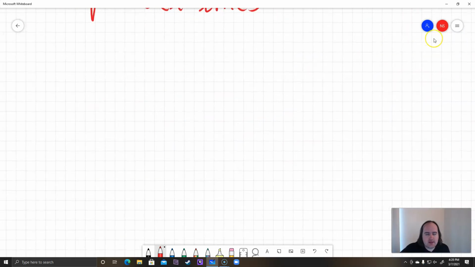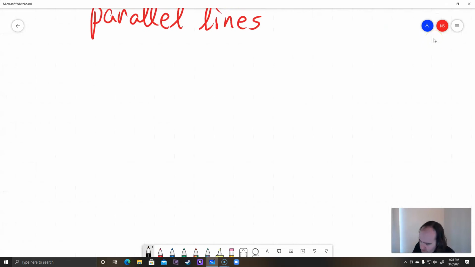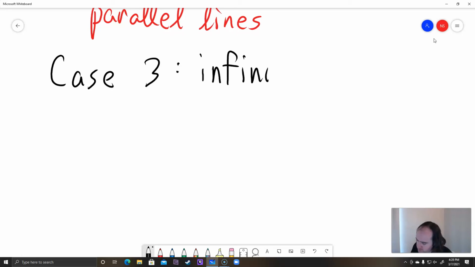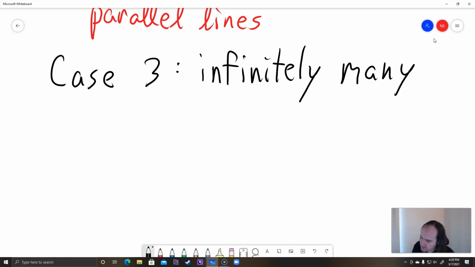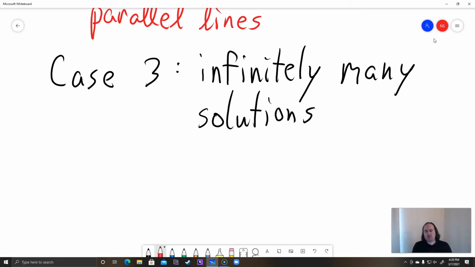Okay? So case 3 for the number of solutions is where you have infinitely many solutions, or an infinite number of solutions. That's what that means. Okay? Which basically just means you have two parallel lines that are directly on each other.